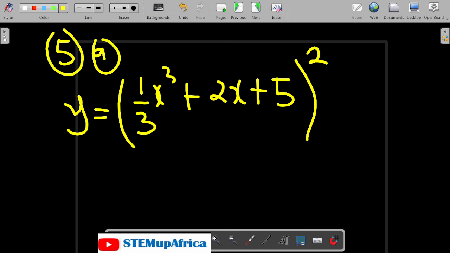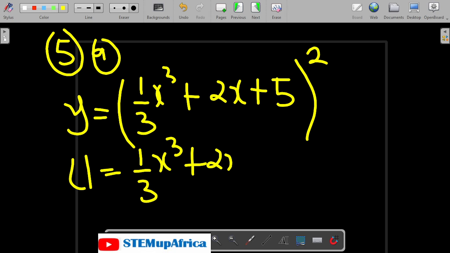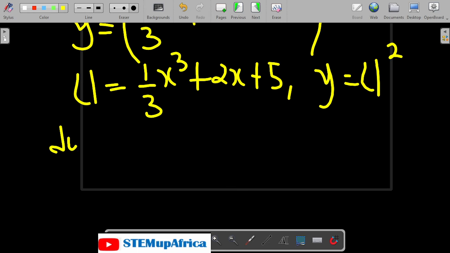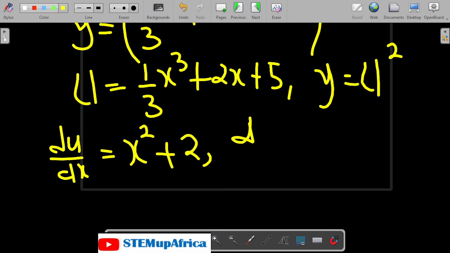So this is function of a function. I will say u is equal to 1 over 3 x cubed plus 2x plus 5. Then my y is now u raised to power 2. So I'm going to have du/dx equals x squared plus 2, and dy/du will just give us 2u.